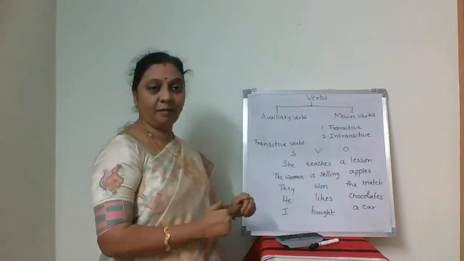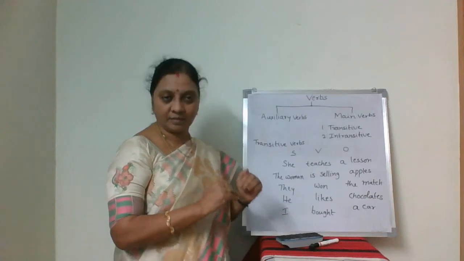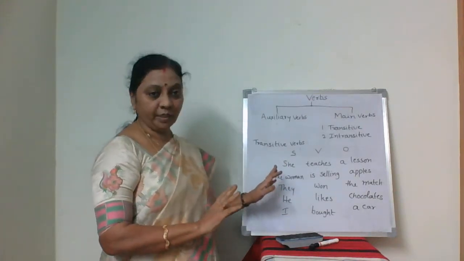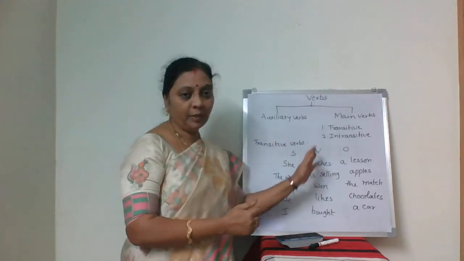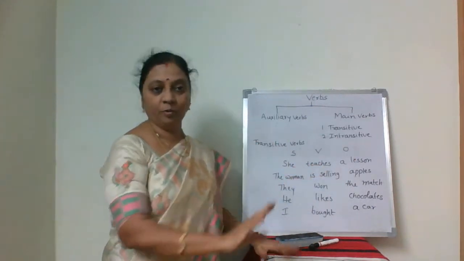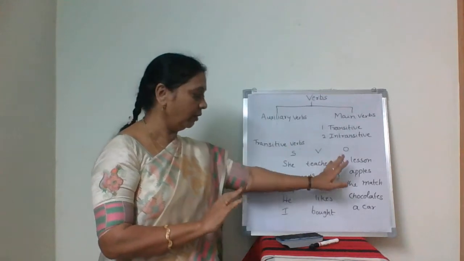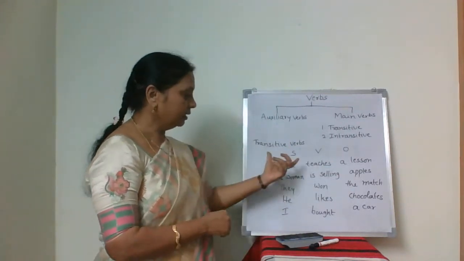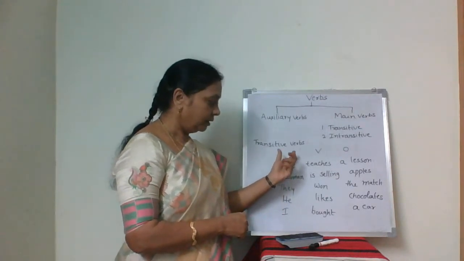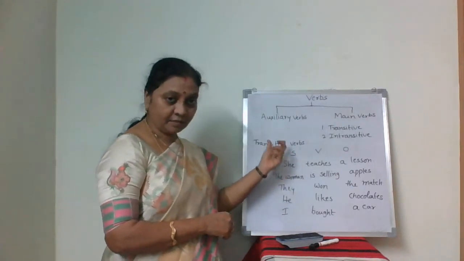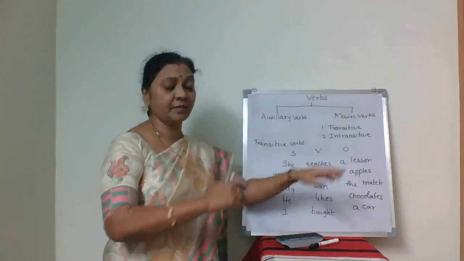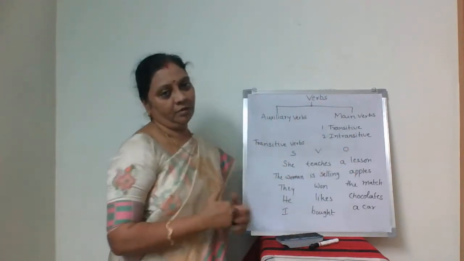Here in these examples, why do we call these transitive verbs? In a sentence, we need subject, verb, and object. SVO, subject, verb, and object, three are required, isn't it? Here the subject passes on or transfers its action to the object.